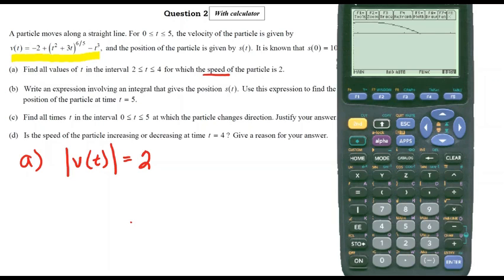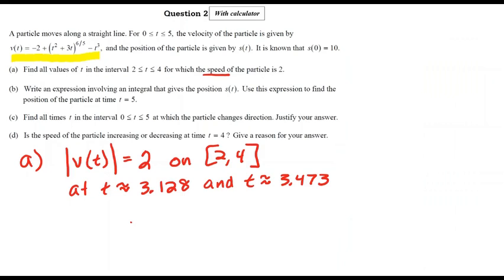So our horizontal line at positive 2 looks like it's only going to intersect once in that interval, and our line y equals negative 2 is only going to intersect once. So these would be the 2 places at which the velocity is equal to positive 2 and the velocity is equal to negative 2. So I trust that you remember how to find intersection points. So pause the video, do that for yourself, and then let's get them recorded.